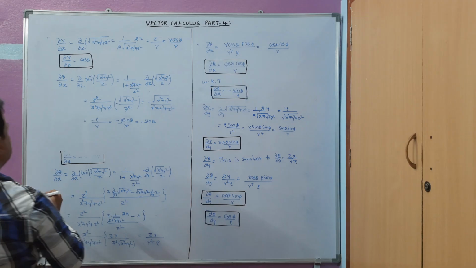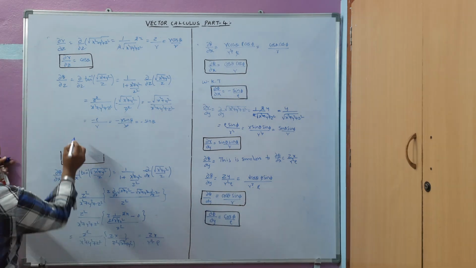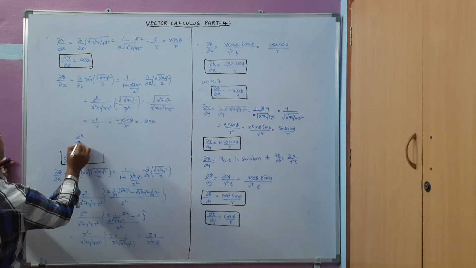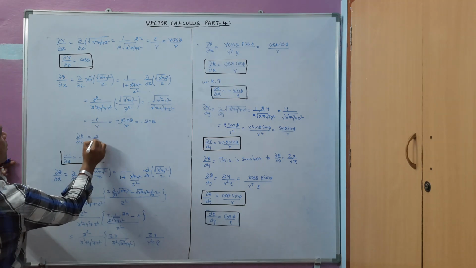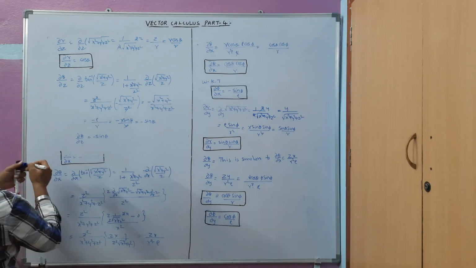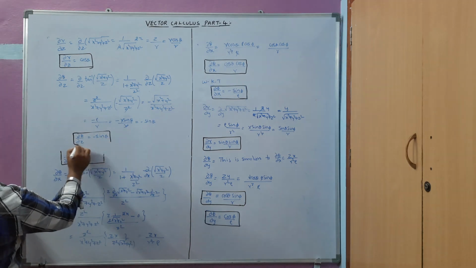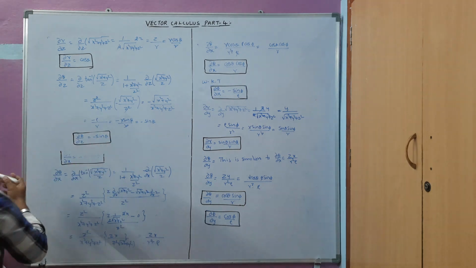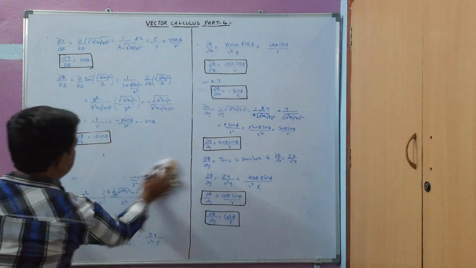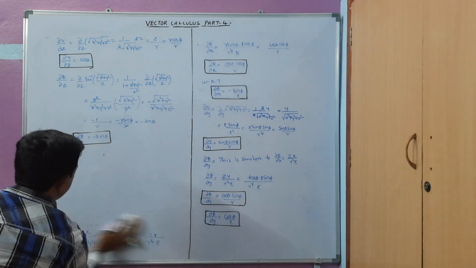So now I have to write this equation here: dou theta by dou z, I got minus sin theta. Let me keep this in the bracket. Next I have to finally find the last one, that is dou phi by dou z.